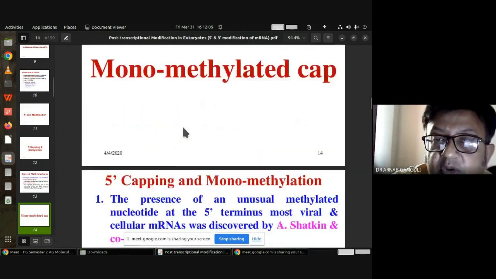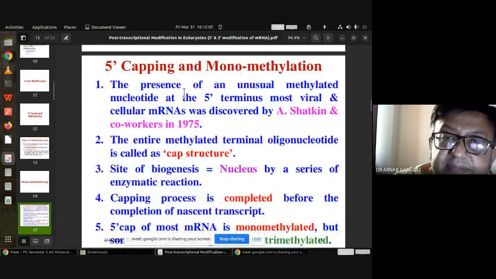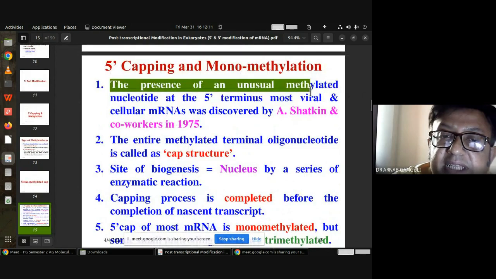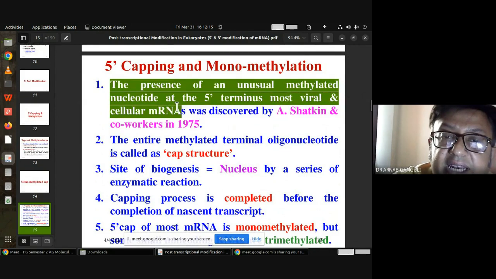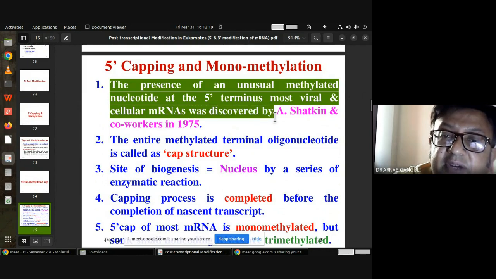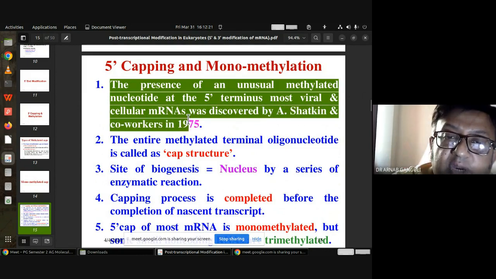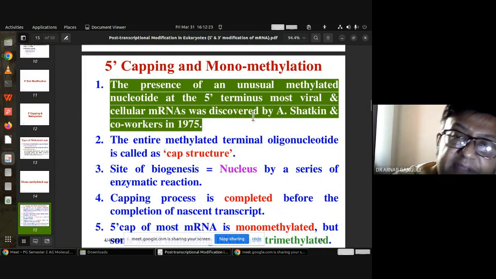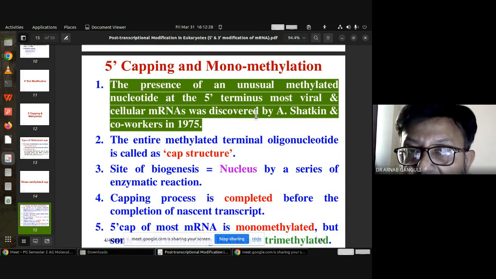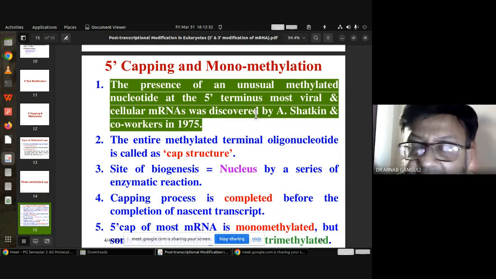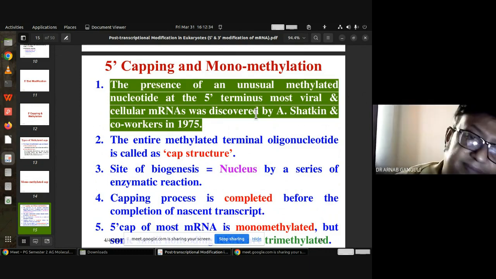Let's talk about the monomethylated cap. So the presence of an unusual methylated nucleotide at the 5' terminus of most viral and cellular mRNA was discovered by A. Shatkin and co-workers in 1975. They found an unusually methylated nucleotide in most viral and cellular messenger RNAs at the 5' terminal.